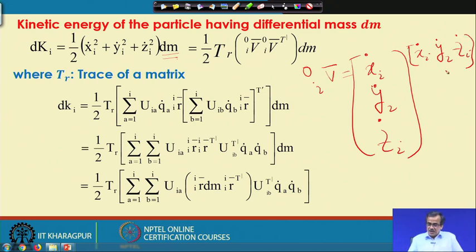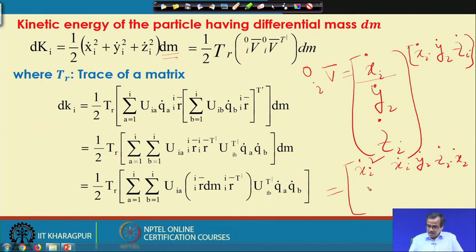Now, if I just multiply, I will be getting first row first column, that is x_i dot square, then first row second column x_i dot y_i dot, then z_i dot x_i dot.